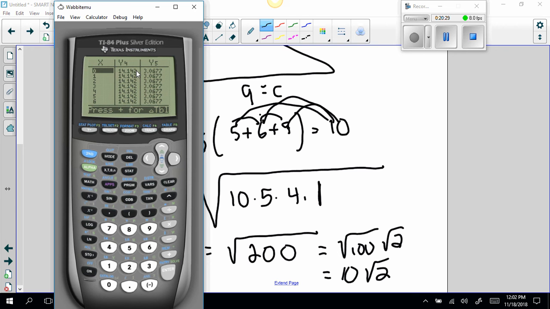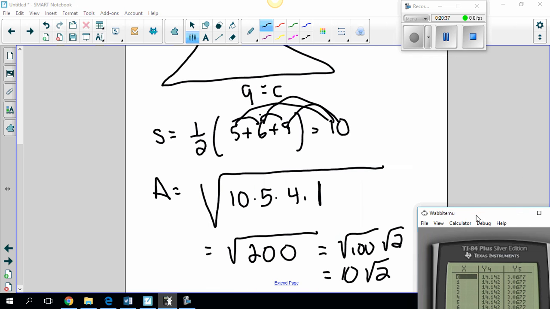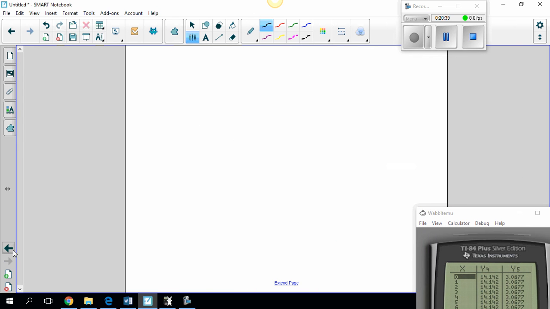Yep, 14.142. So you can cheat it out, but you're starting to run out of places. It's pretty crazy.